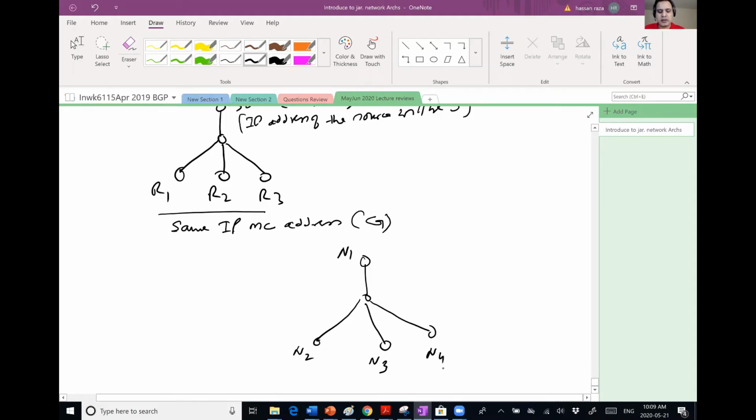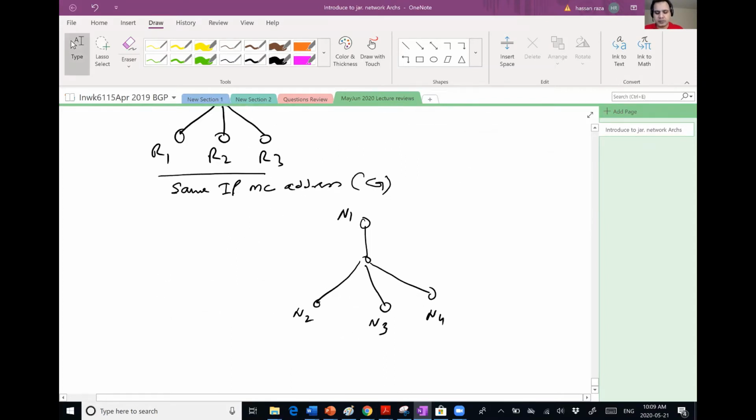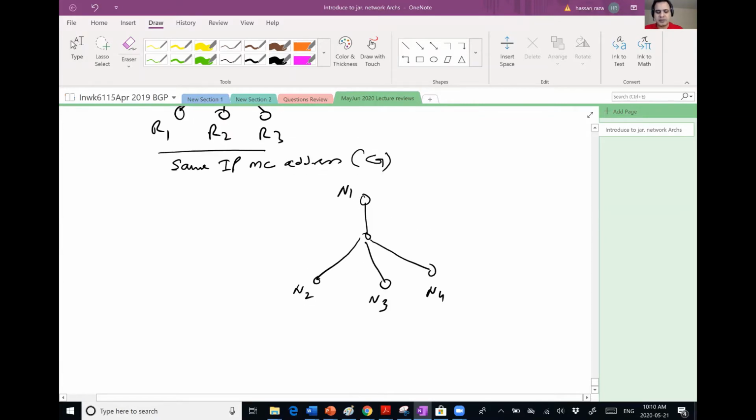They run IGMP and they are a group. They run IGMP and they are also a group. Now, the difference between them is that they are on a Skype call. So any one could be the source at a given point, and all others would be recipients. So the source is not a constant.